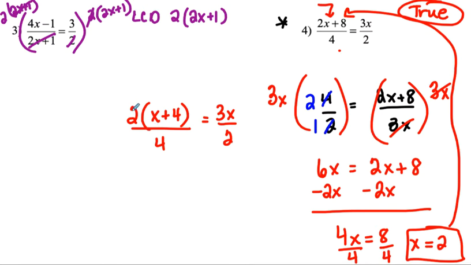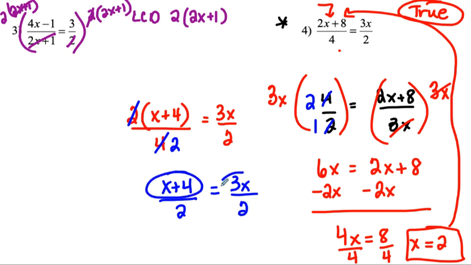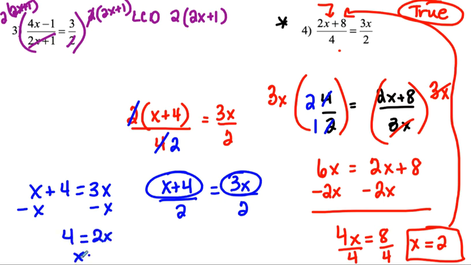All right, so then this would simplify with the 4, and what you might notice now is that I have a 2 in the denominator of both my ratios. That means the tops have to be equal to each other. So x plus 4 equals 3x, and I subtract x. And so 4 equals 2x, and x equals 2. Isn't it great how in math you can do it multiple ways? So I want you to really take a second and pay attention when you're solving proportions, okay?